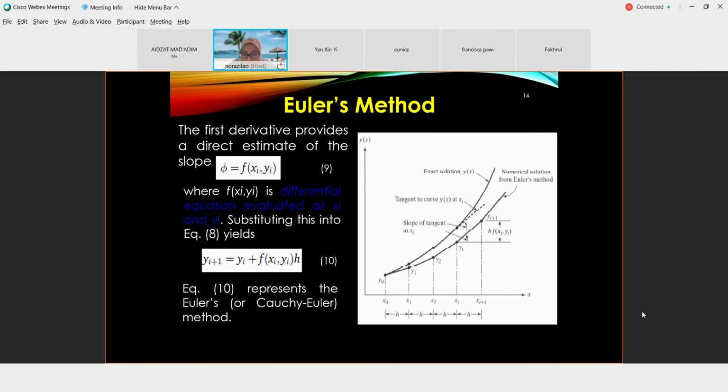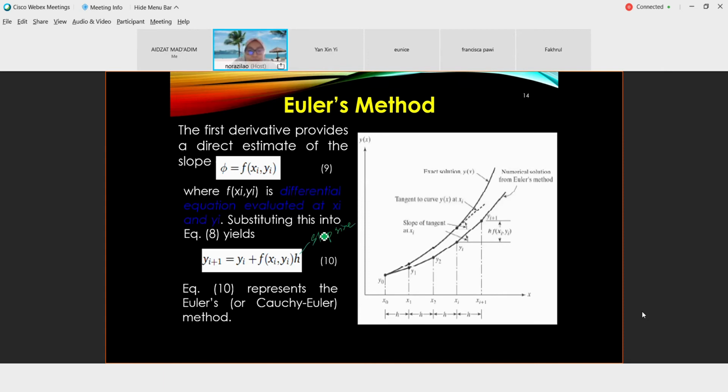We substitute the slope in the Taylor series. Therefore, the general equation for Euler is y i plus 1 equal to y i plus f of x i, y i multiplied by h. y i plus 1 is the new point, y i is the old point, f of x i, y i is the slope of the problem, and h is the step size.